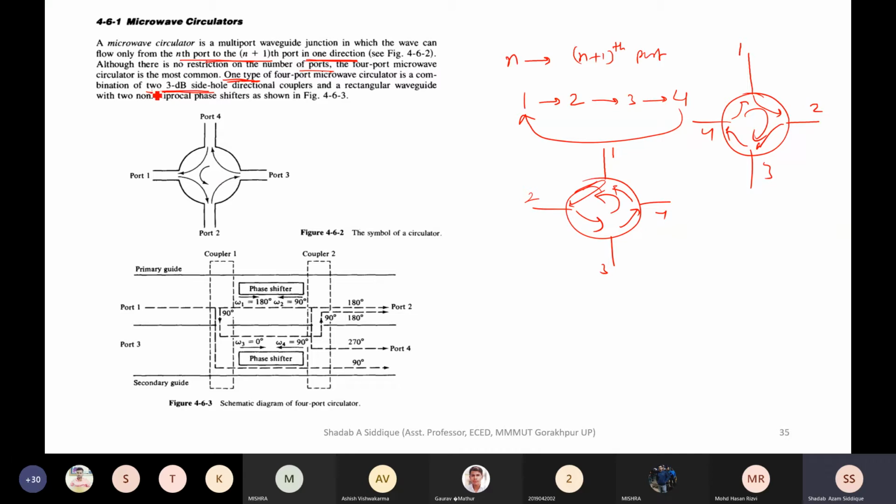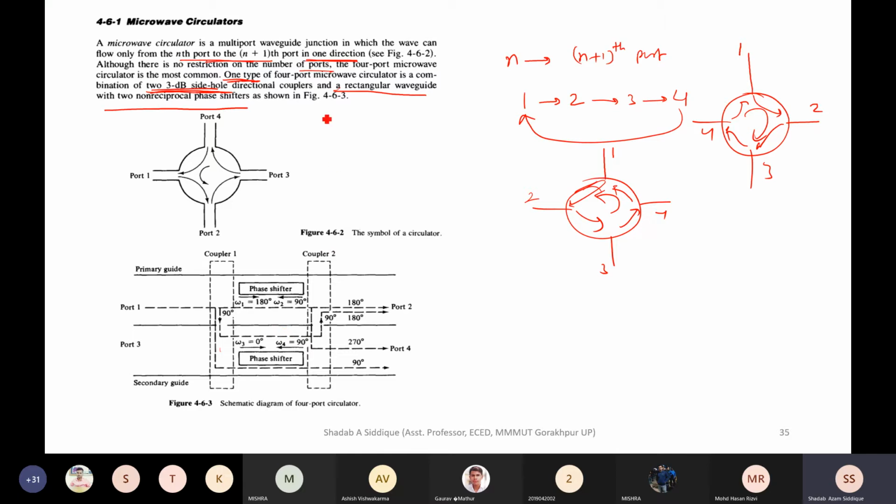This is the construction which is given. This is the figure given here. In that you can see two 3 dB side hole directional couplers. One is this one, second is this one. Okay, so that is there.